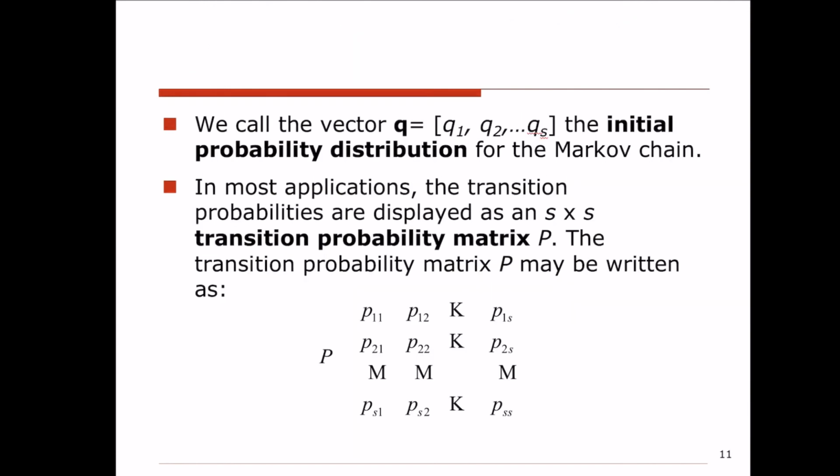Okay. Next, I want to introduce the transition probability matrix, and I'm just going to do that in this slide. I told you that we are going to use the notation Xt to show the state of the system, the value of the characteristic of interest at any time t. We don't know exactly what is going to be the value of the characteristic of interest, or the state of the system, in the next time period, but we know the set of possible values.